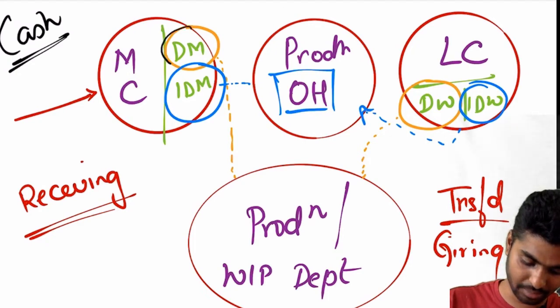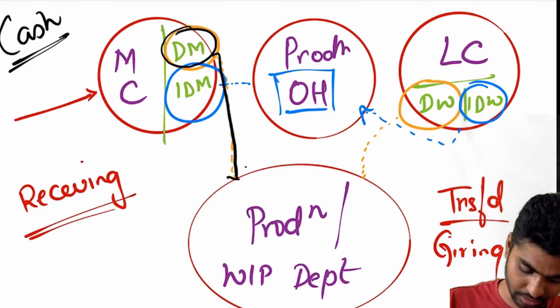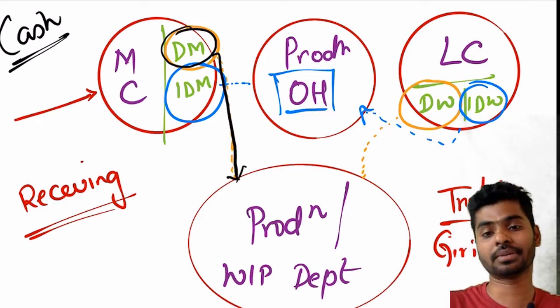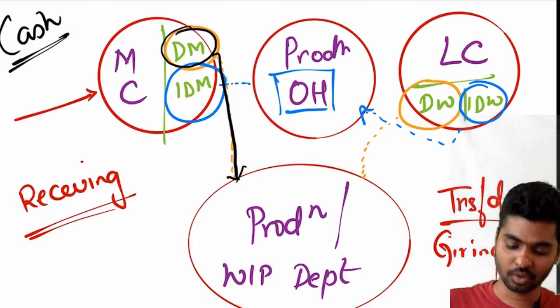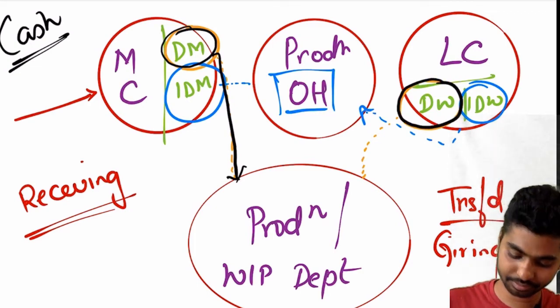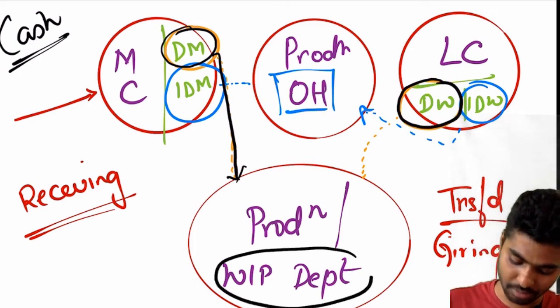Next, when I say raw materials are transferred to production, see here, my raw materials, that is my direct material here, is getting transferred to here. So who's the receiving department here? WIP. Who's giving it is my material control department. When I say direct wages are transferred to production, who's receiving it is my WIP department.